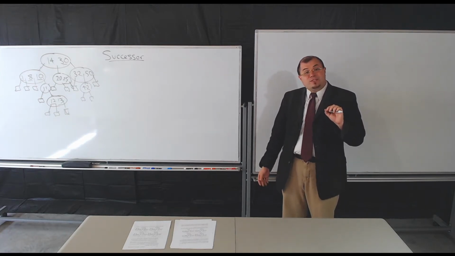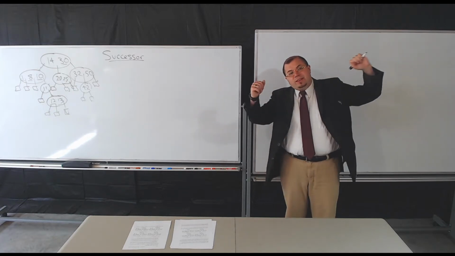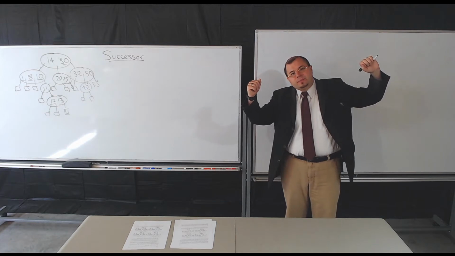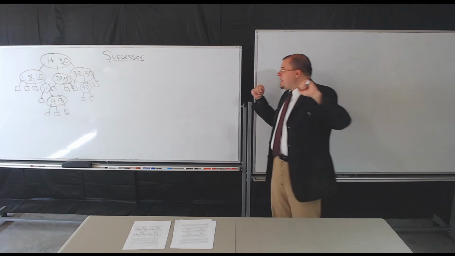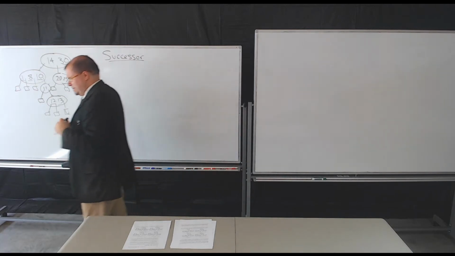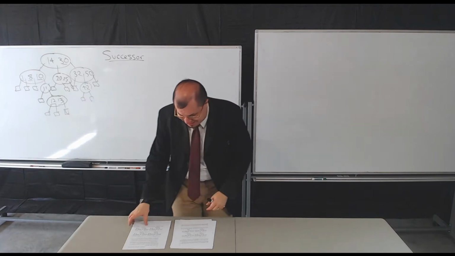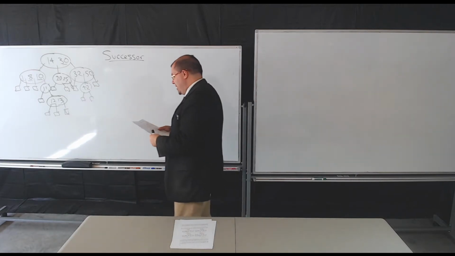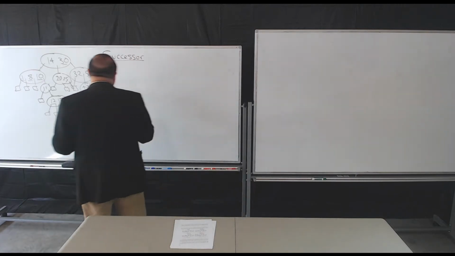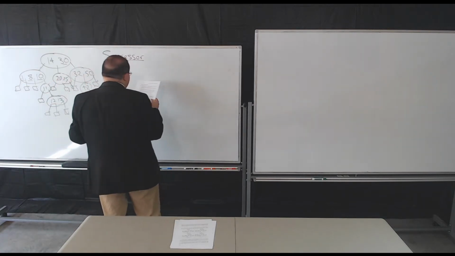If it didn't exist, what did I do? I followed up my parent references until what happened? Until I found a specific key that was bigger than the one I'm looking at. Now in a binary search tree, it's really easy to guess that. In a multi-way search tree, it's really not that much different. You just have a new case because we now have multiple records in a node.